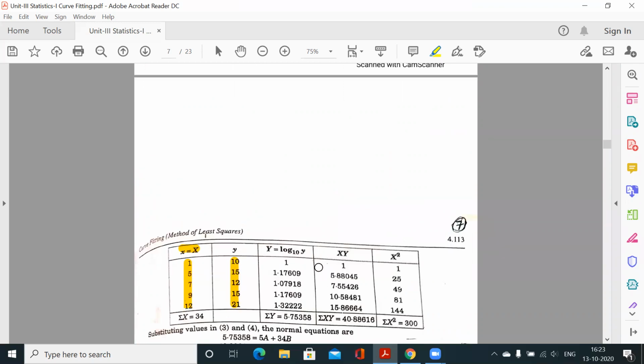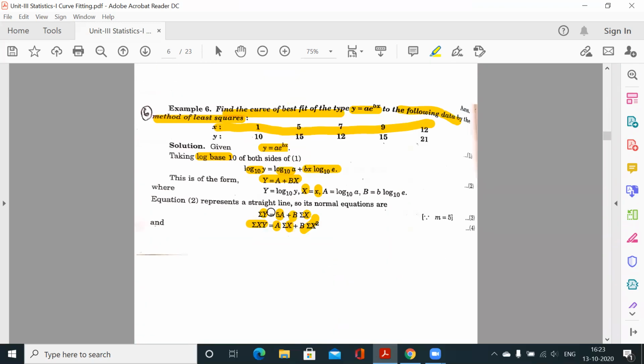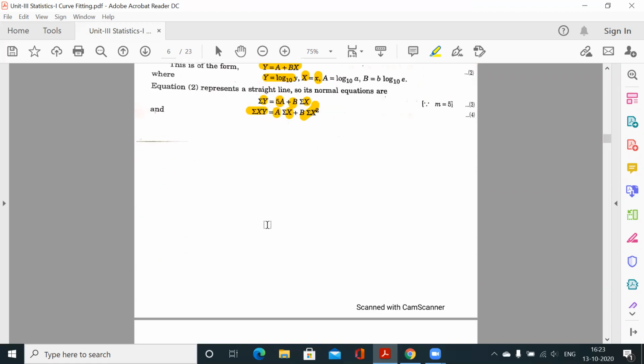Now what we have to do, because we have to find summation capital Y, and we have been given small y. So first, what is the relation between capital Y and small y? For summation Y, you need to calculate this. Summation Y is equal to summation log 10 y. So we have to calculate log of y. Clear?